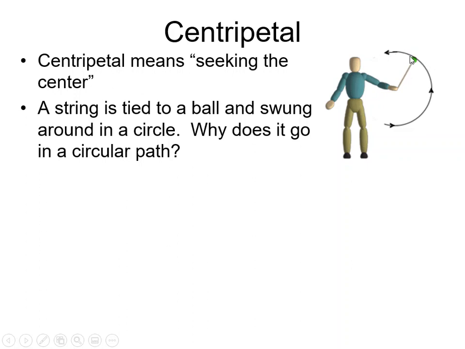Now, the velocity of this ball is going to be perpendicular to the radius. So we have this tangential velocity right up here, and the centripetal force here is the tension that is going inwards.